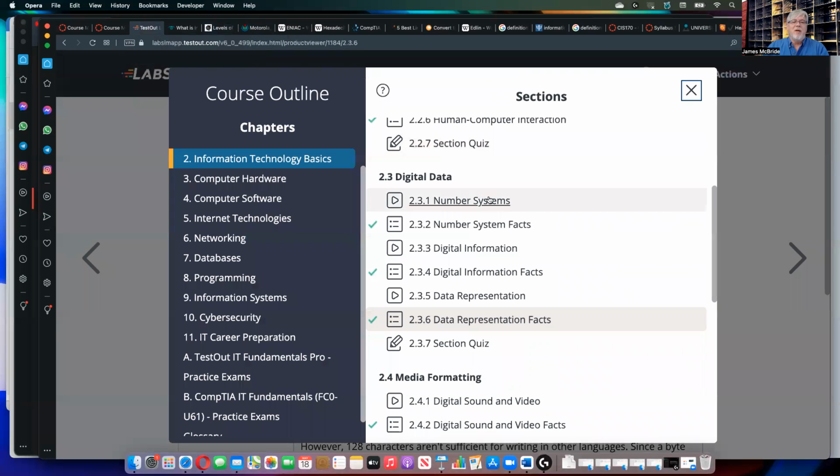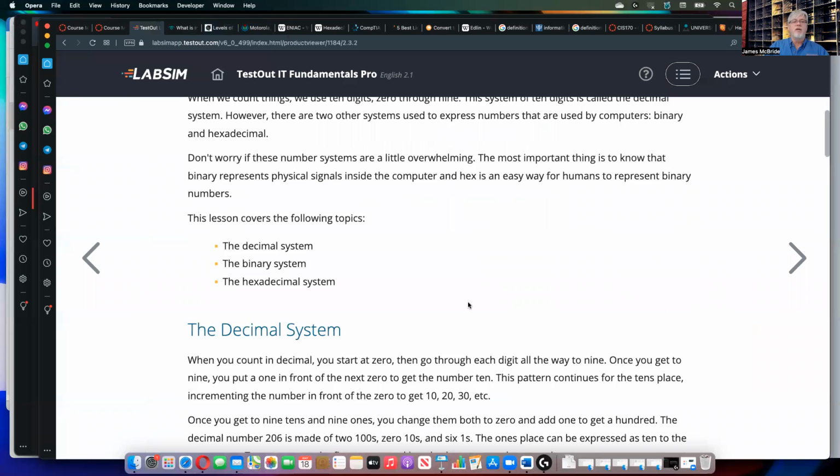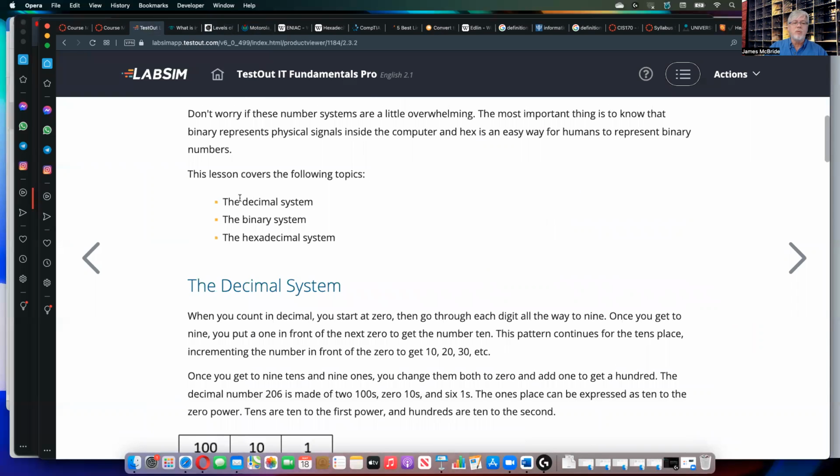That's what this comes down to, data representation. How is data represented, and how is that converted through the system? So let's take a look at some data representation facts. Well, let me just show you the numbering facts here. It's kind of showing you, hey, we use the decimal system.